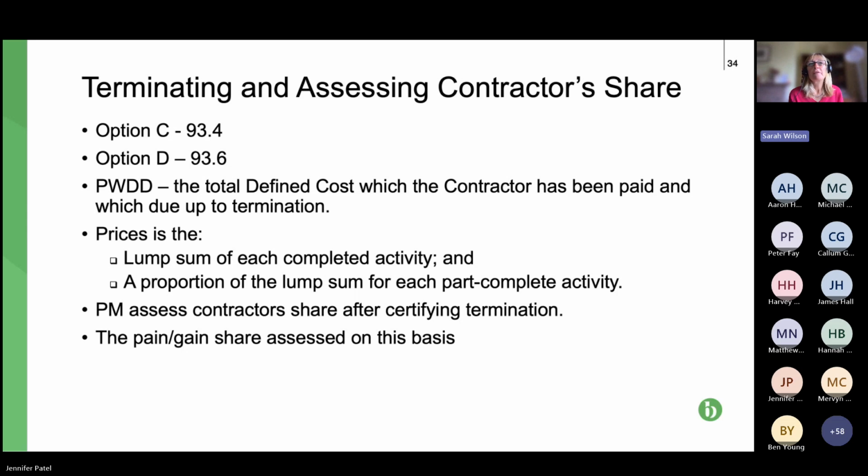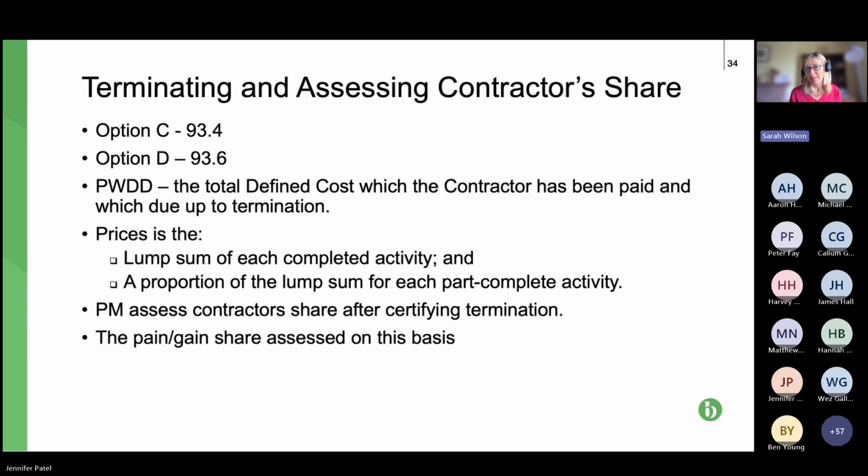Oh yeah, so I think the final point is just beware of the termination provisions. So if you terminate, and realistically, termination is more likely to be the client terminating the contractor or the contractor terminating the subcontractor's employment, either way, you then still have to do a pain gain assessment.